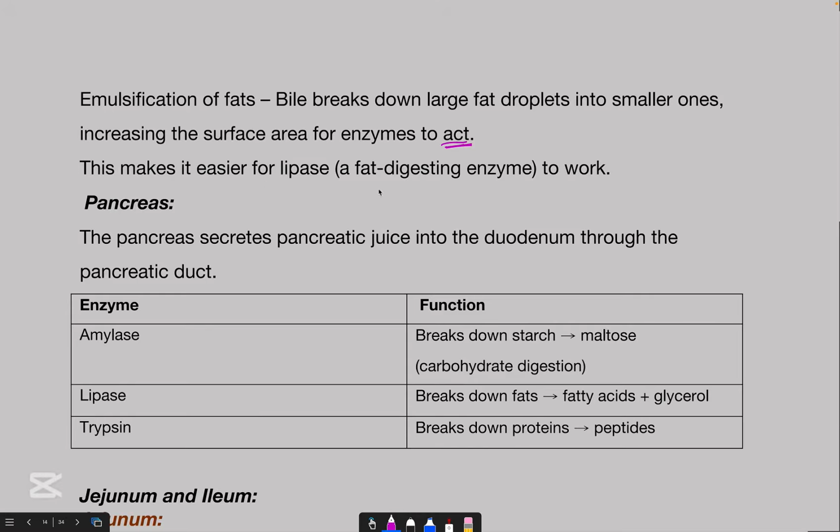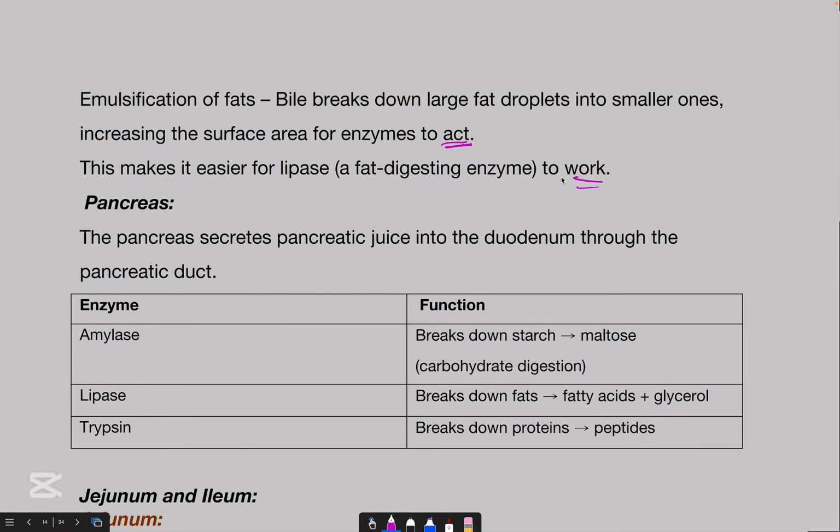This makes it easier for lipase, a fat digesting enzyme, to work. Do you understand? Now you discover that digestion of fat takes place in the small intestine. You see how it goes. Carbohydrate in the mouth, protein in the stomach, fat in the small intestine.